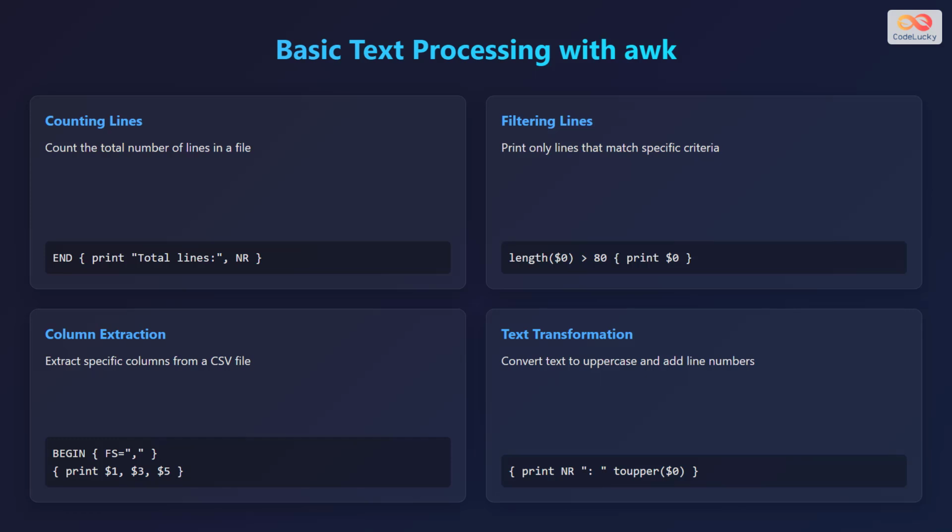For column extraction from a CSV file, start with BEGIN open curly brace, FS equals comma, close curly brace, open curly brace, print $1, $3, $5, close curly brace. Finally, to transform text to uppercase and add line numbers, use open curly brace, print NR ":" toupper($0), close curly brace.